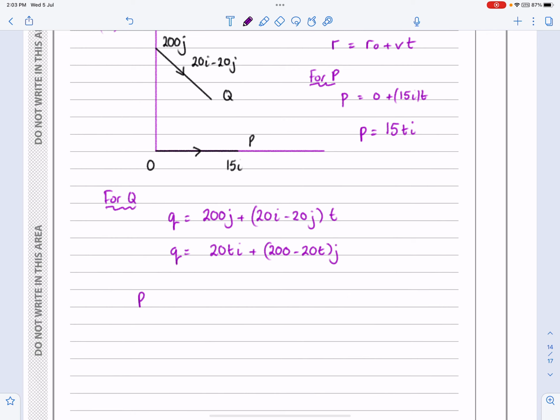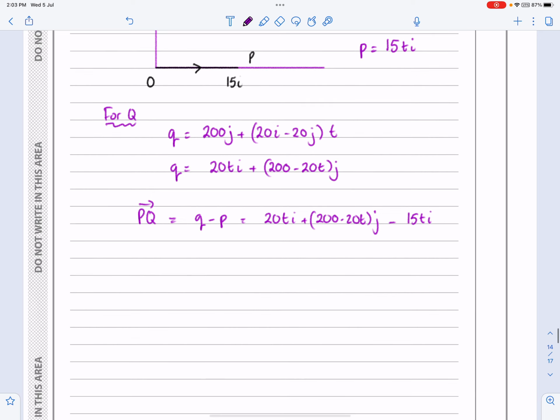And then straight away from the teaching I did a moment ago, this is just going to be q minus p. So it works out to be 20ti plus (200 minus 20t)j minus 15ti, and that tidies up quite neatly.